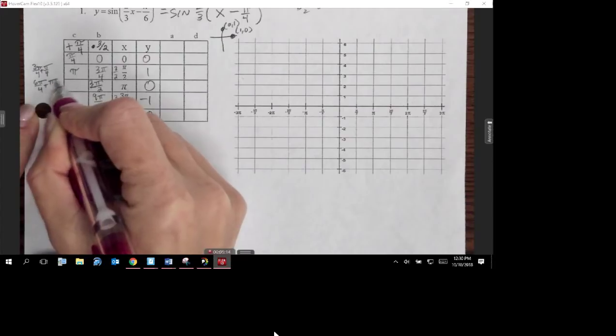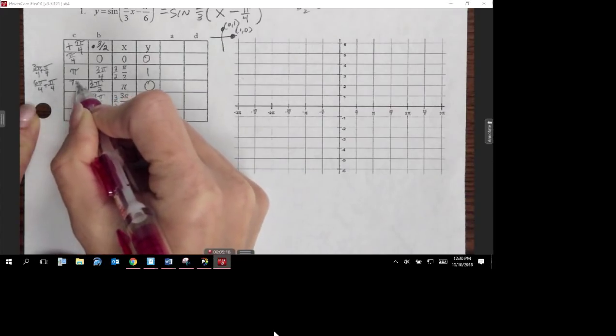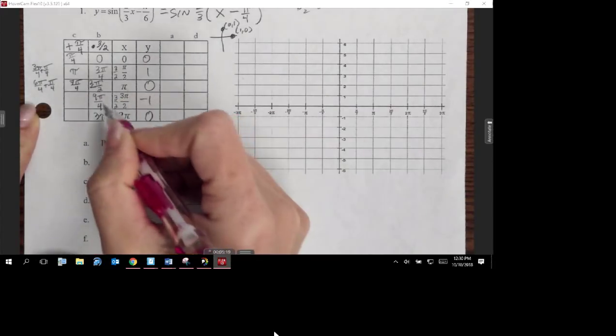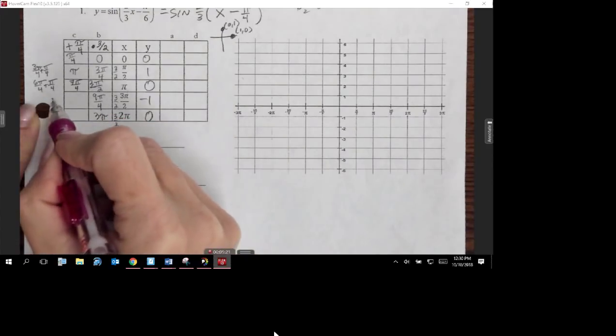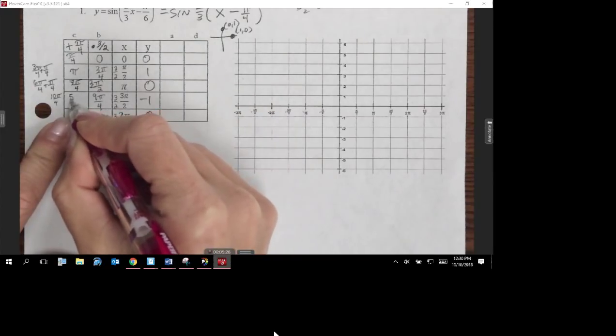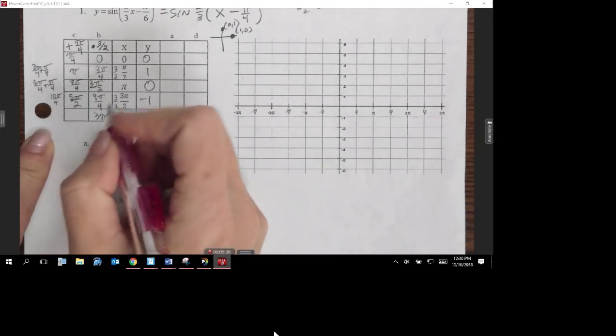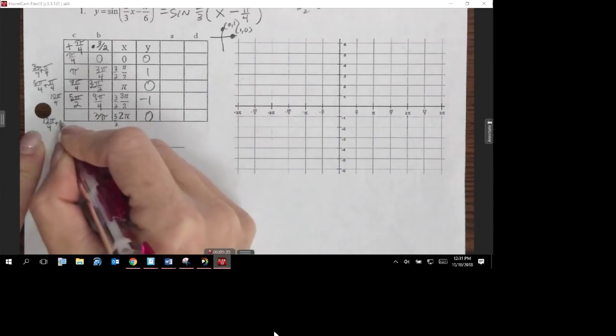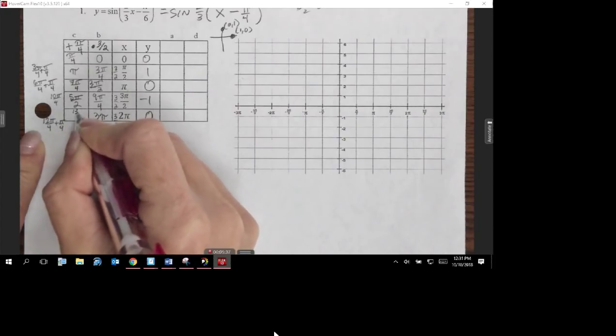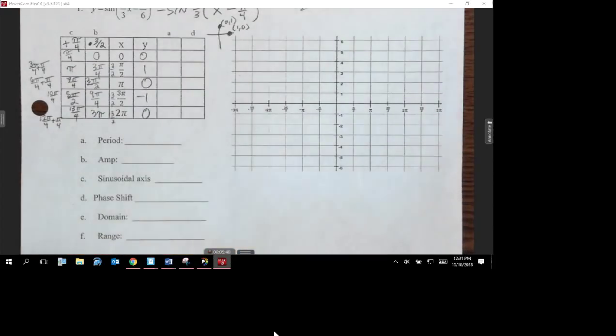So that's going to be 6 pi over 4 plus pi over 4, which gives me 7 pi over 4. 9 pi over 4 plus pi over 4 is going to be 10 pi over 4, which reduces to 5 pi over 2. And then 3 pi is the same thing as 12 pi over 4 plus pi over 4, so 13 pi over 4. So again, if you need help with fractions, come get help.